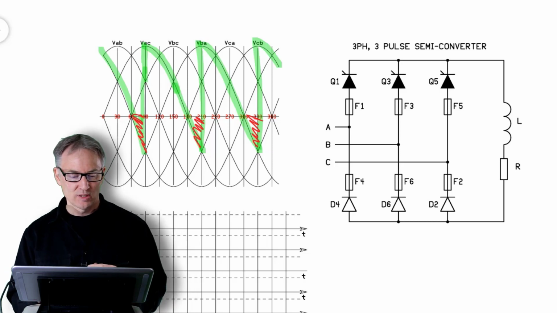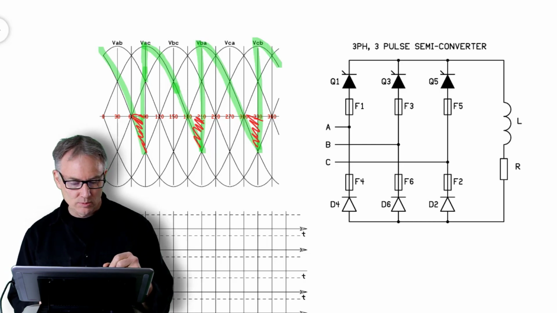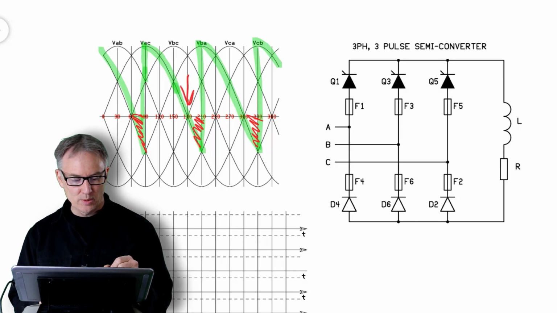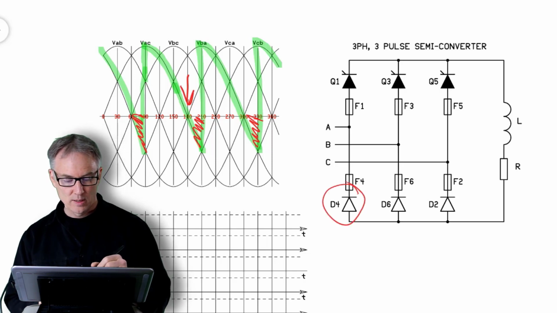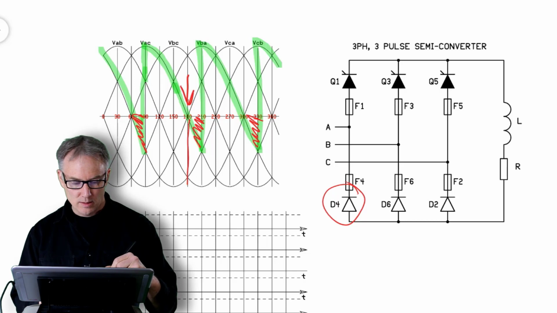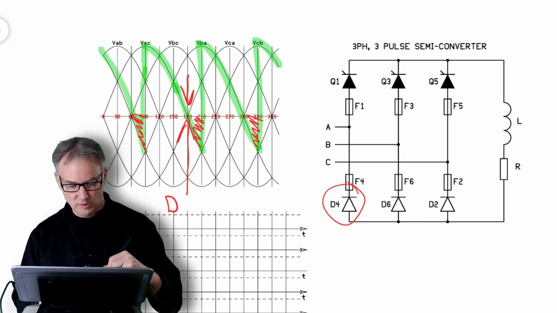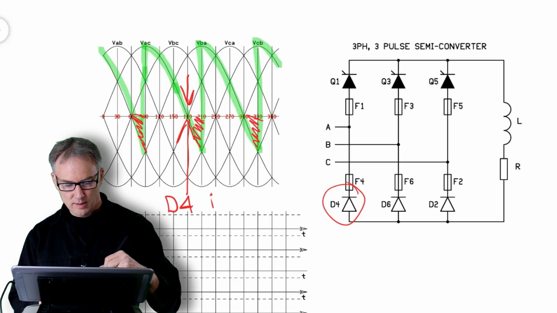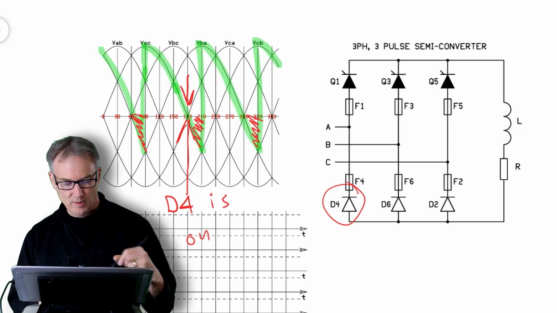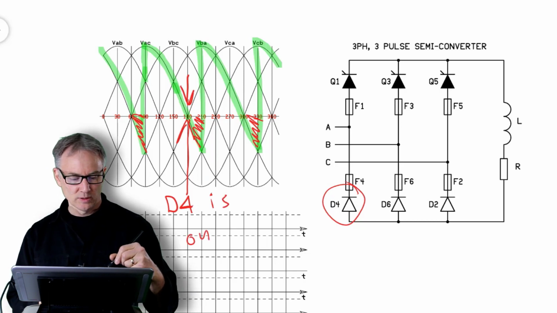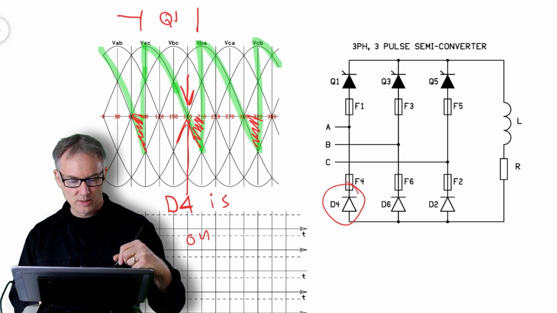And that's because as soon as I get to this point right here, we notice that the diode that is most negative becomes the phase A diode. That means D4. So at this point D4 is on, but Q1 is still on. So Q1 is on in this region here.